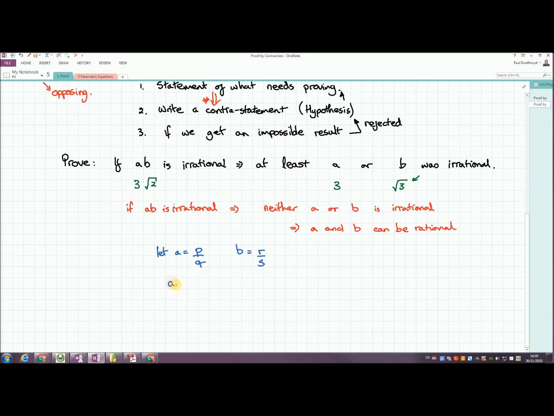If we do A times B, it's the same as p over q times r over s, which is pr over qs. pr we know is two natural numbers, they're both integers. An integer times an integer can be assumed to be an integer.